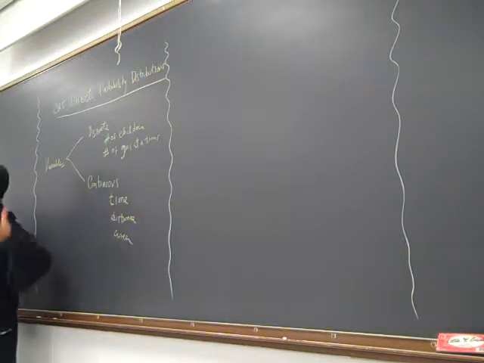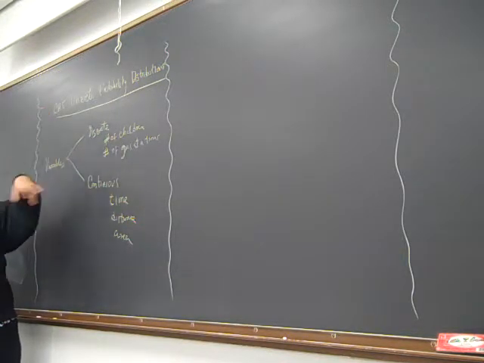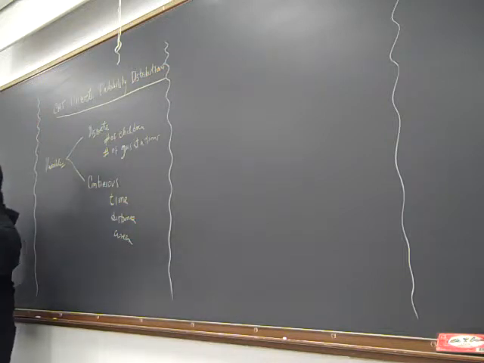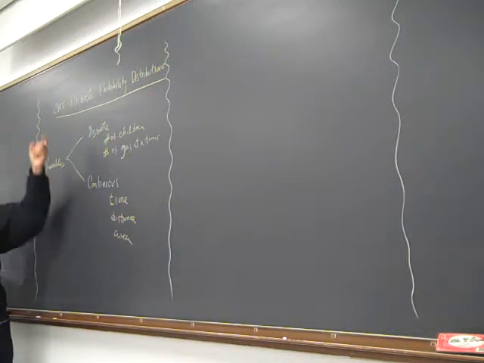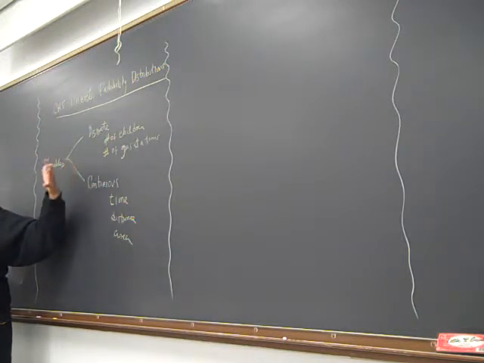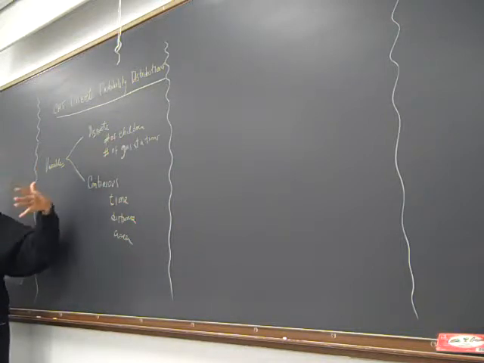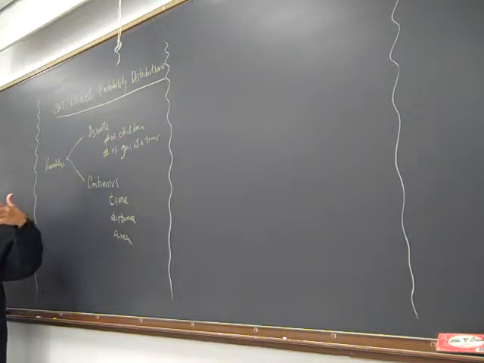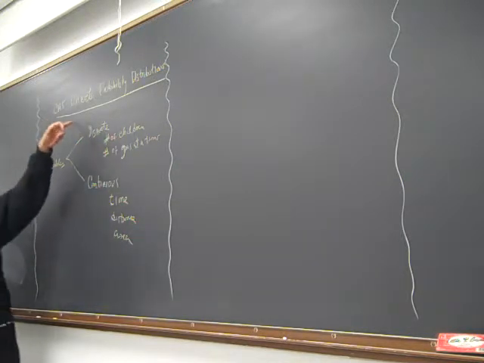Next chapter, we are going to cover continuous probability distributions. But in this chapter, we're going to cover discrete probability distributions, variables that can only take specific values.